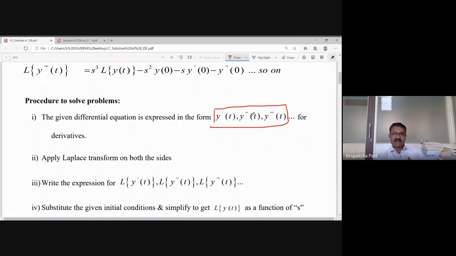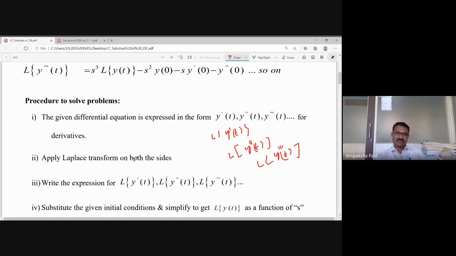Now, apply the Laplace transform to this. After substituting in the differential equation, it becomes L of y dash of t, L of y double dash of t, L of y triple dash of t, and so on. Apply the Laplace transform to each and every term.